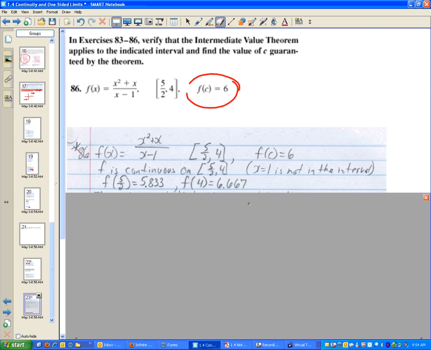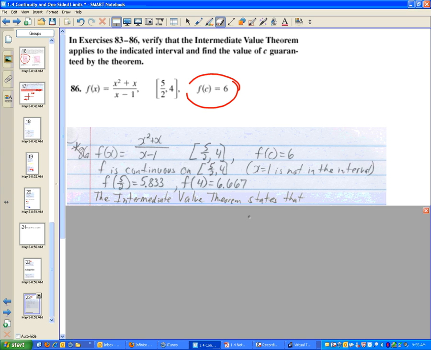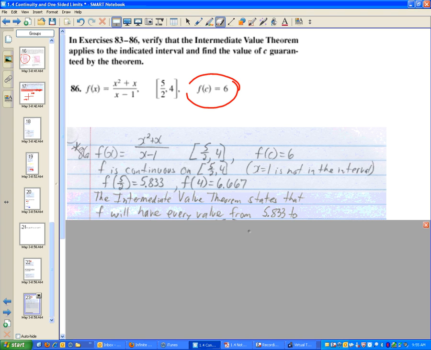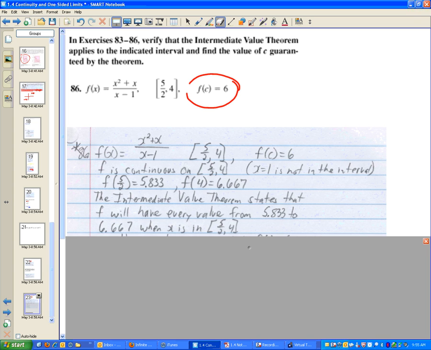So, does it seem like there ought to be at least one y-coordinate of 6 between those two endpoints? Yeah, there better be. The intermediate value theorem states that f will have every value from 5.833 to 6.667 when x is in that interval.